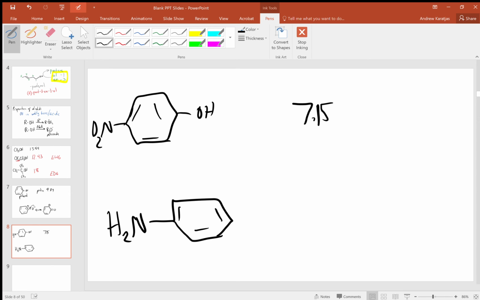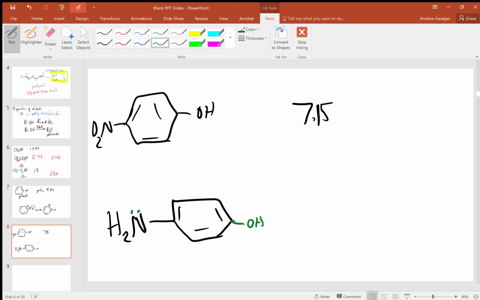And an amine is one of those interesting examples because by induction, by electronegativity, amines are electron withdrawing. They're more electronegative than carbon or hydrogen. But by resonance, especially being attached to an aromatic ring, the nitrogen on that amine has this lone pair that is electron donating.